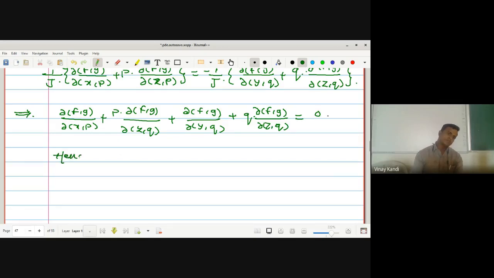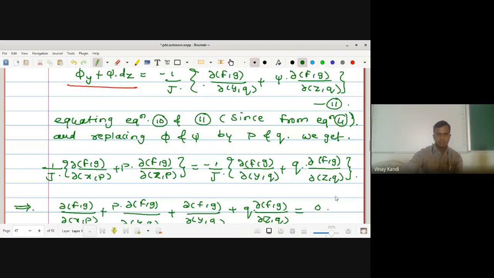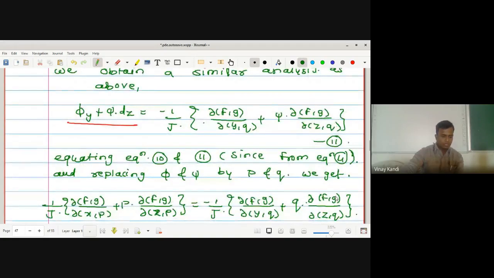Hence, what is the value of this one? Square bracket fg is equal to 0. Hence the proof. Any doubt up to here?